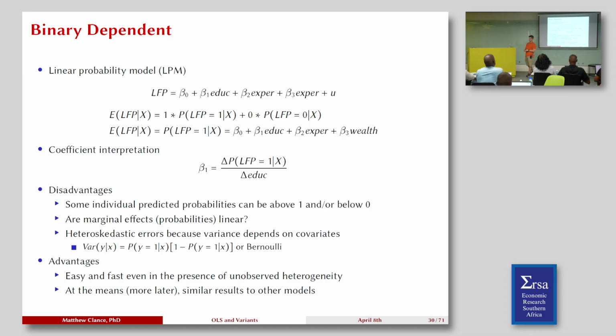OLS, using a dependent variable as 0, 1, is quite quick to estimate, especially for very large models. When we move into logit and probits, we have to go into the maximum likelihood estimation world. Those become a little bit more difficult, and their interpretation is a little bit more difficult as well.